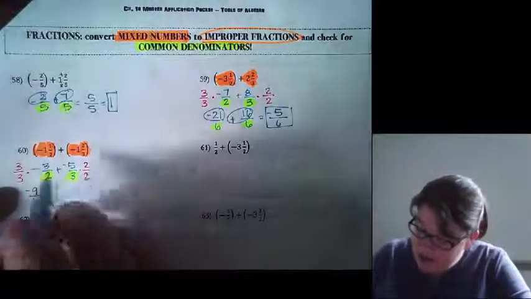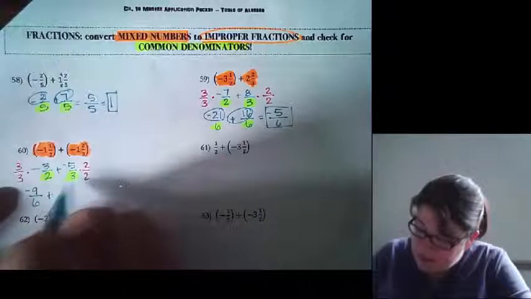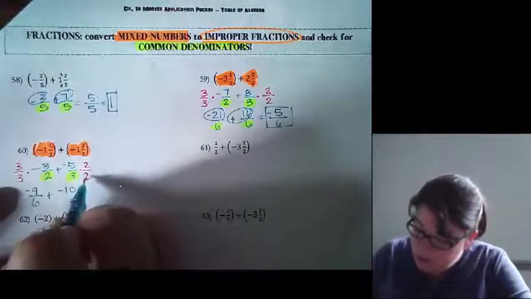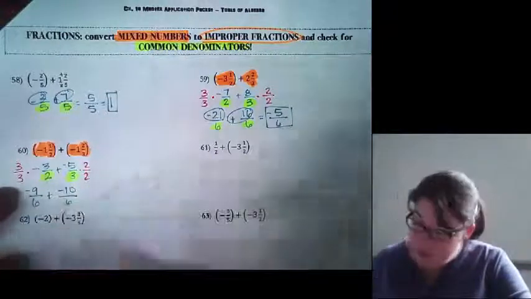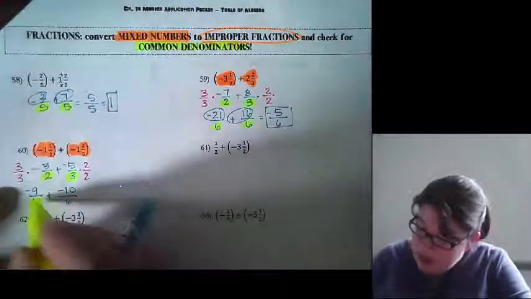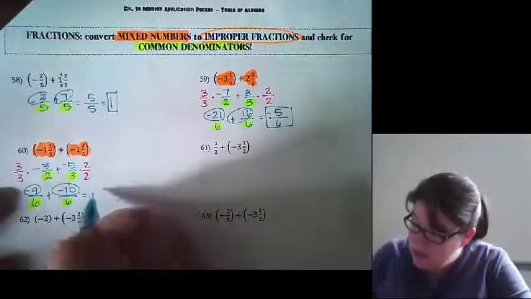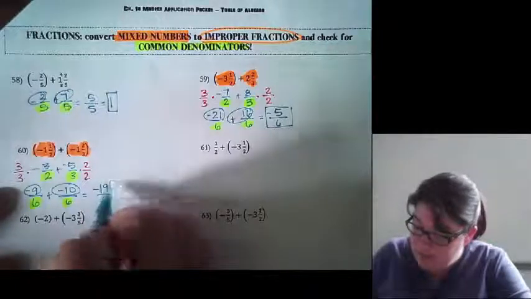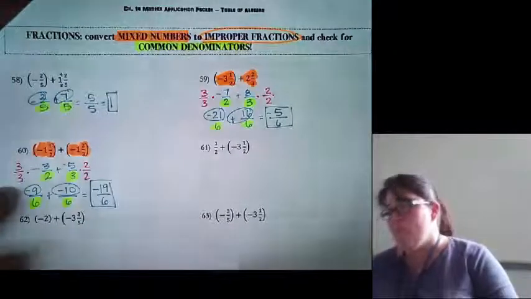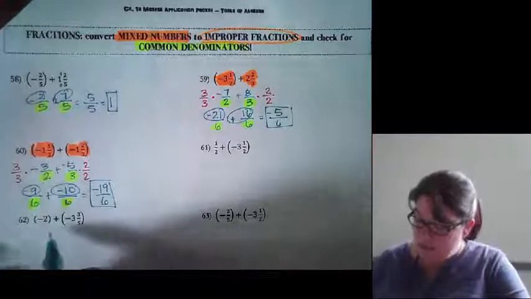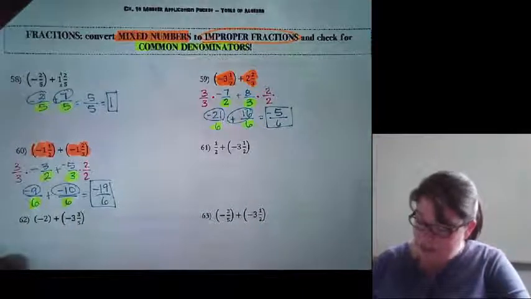And then I have -5 times 2 is -10, 3 times 2 is 6. So now my denominators are the same, and I can add straight across. -9, -10 gives me negative 19 over 6. Done.